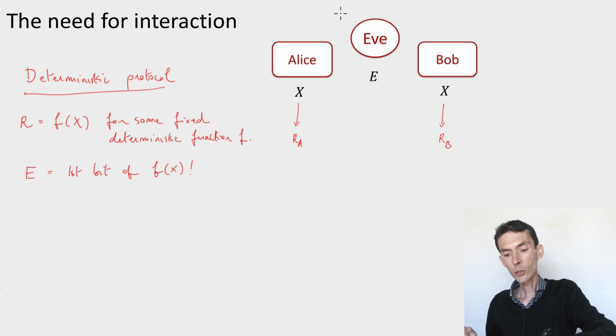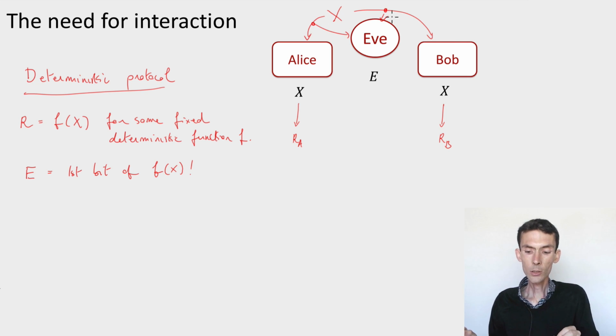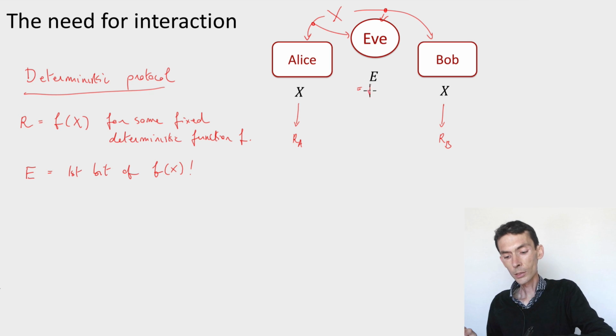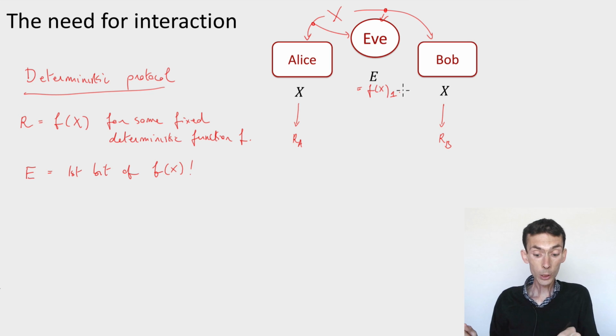So when X is distributed over to Alice and Bob, and the eavesdropper can listen in on this channel and keep a little bit of side information, then it could just store this first bit of f of x, and that's just one bit, but it's the first bit of R, which means that it's enough to distinguish R from uniform, so we don't get a security guarantee.